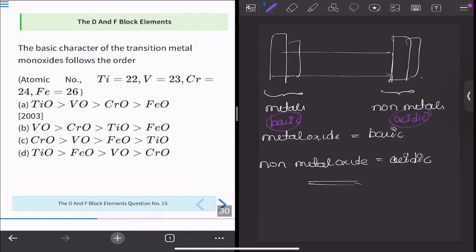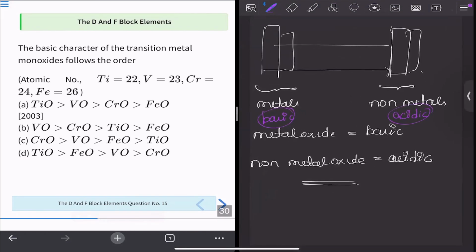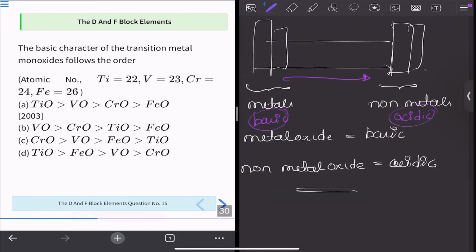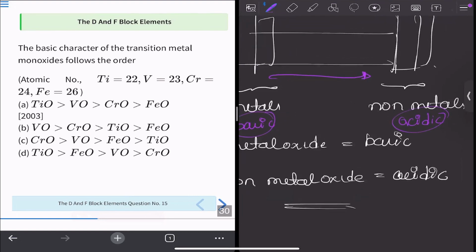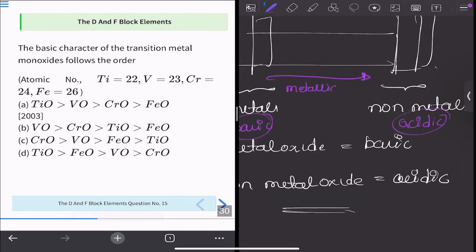As we move from left to right, the metallic character is decreasing, and the basic nature of the oxide is decreasing.